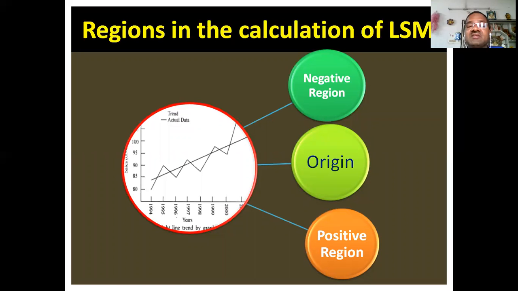What are the three regions? Negative region, origin part, positive region. If we are familiar with identification of these three regions, the solving of the given problem will be very easy. The computation process will move in a very smooth way. So what is the negative region, how is the origin identified, and what is the positive region, we will check.